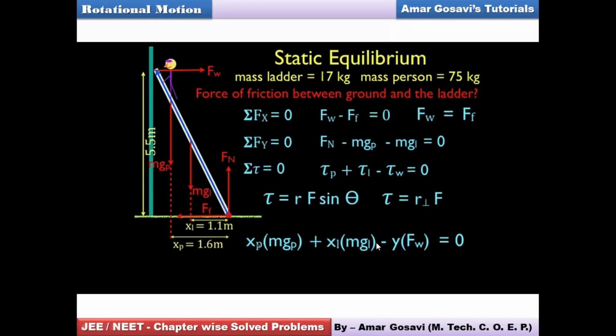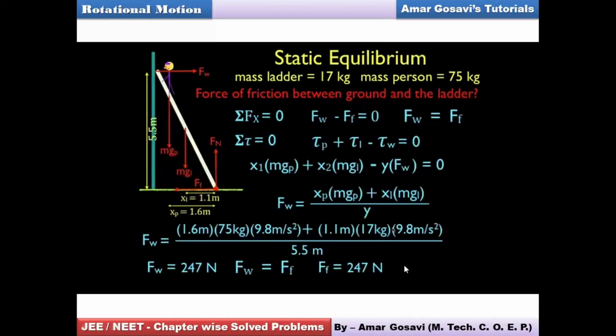When we put the values in this equation, the only unknown is Fw. Other things are known to us. So we substitute all these values, divided by y. Y is 5.5, you can see. When you solve this, you get Fw as 247 Newton.